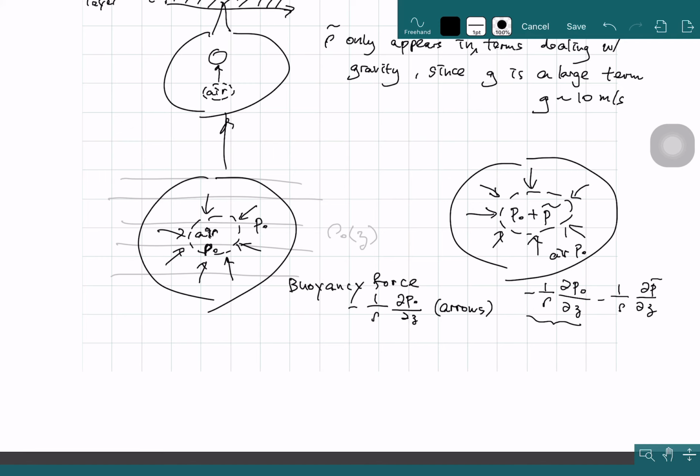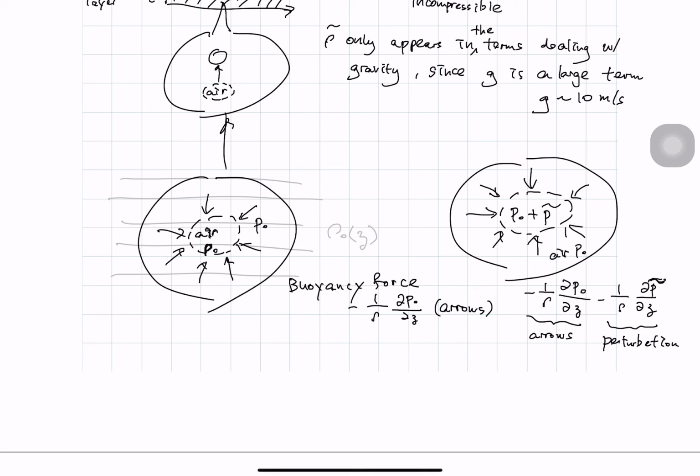These are the arrows. And then this one is what we call perturbation, which is coming from the changing part of the pressure. This is why we have to rewrite the equation.